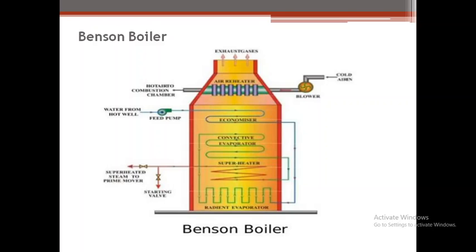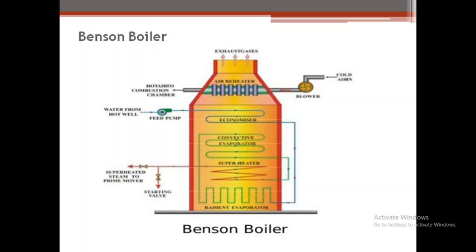Now let us see the applications of this Benson boiler. This supercritical Benson boiler is used in different industries to generate steam for the production of electricity or mechanical power.